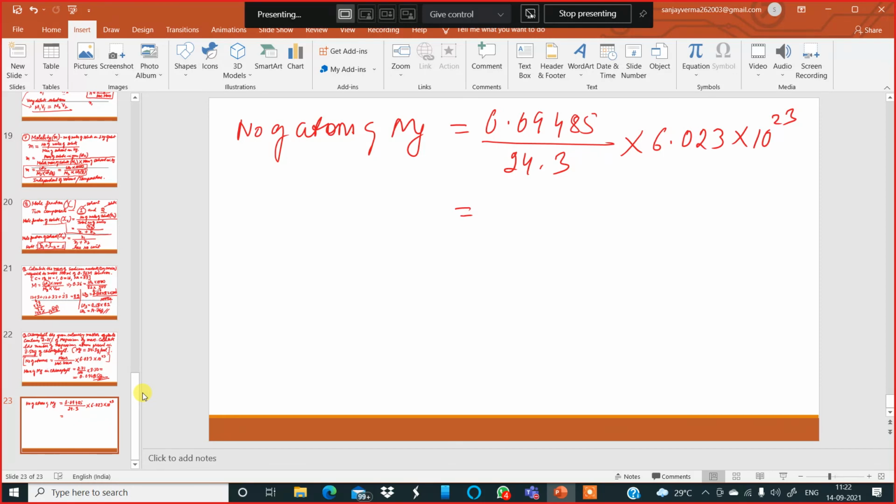Simplify this, and then you will get the answer. You'll get 2.31 into 10 to the power of 21 atoms of magnesium. So this is one similar problem.